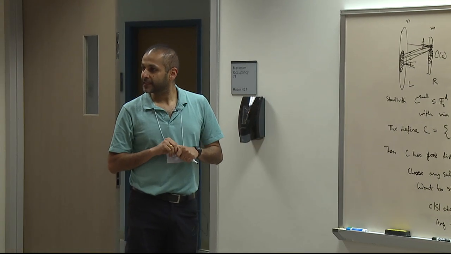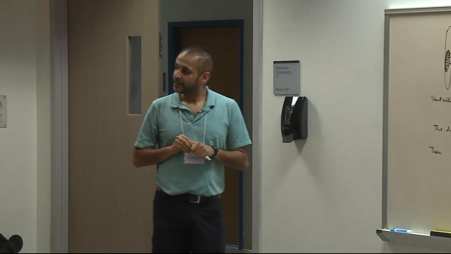Is it not just a straightforward linear algebra thing to take the parity check matrix and convert it into the generator matrix? That requires n to the omega time. Yeah, so I wanted to pre-process so that I get the generator matrix once. I don't want to get the generator matrix each time I get a code word.